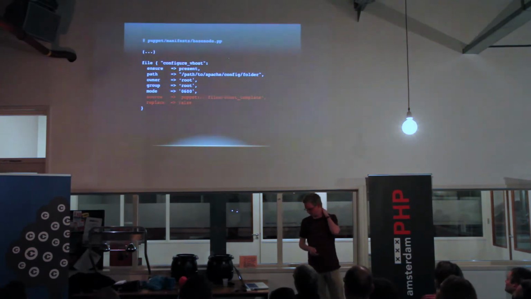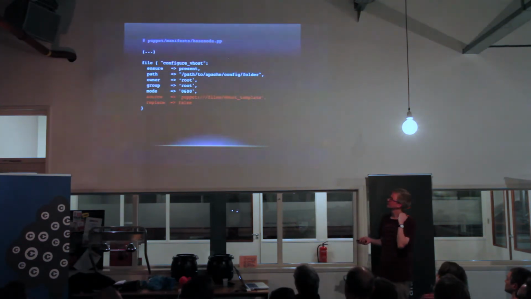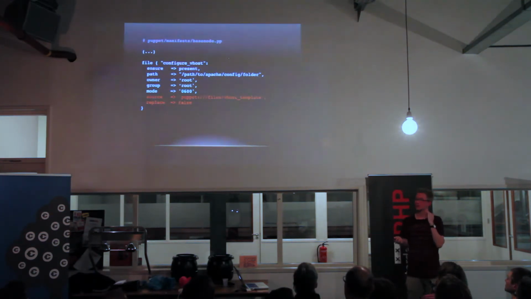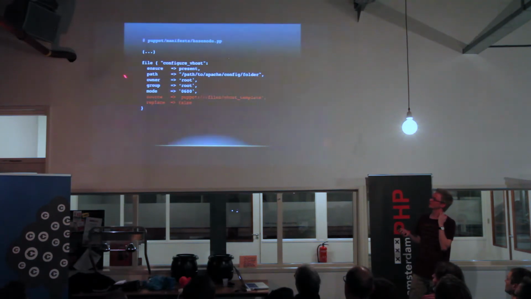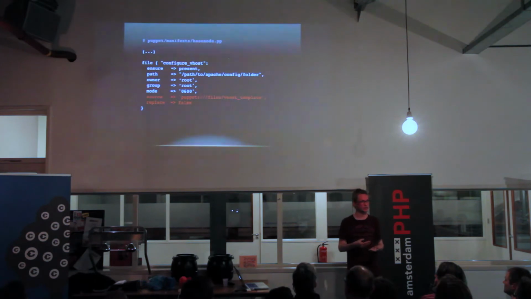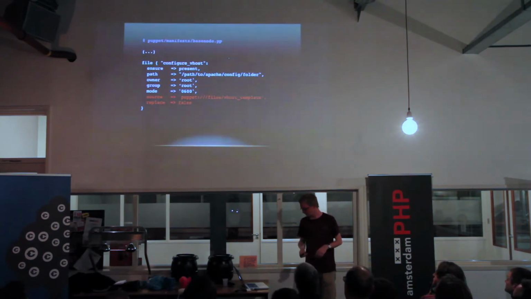And this gets me to the next point, dependencies between invocations. We only want this to run if Apache is already installed. If Apache has been installed first, because otherwise it wouldn't make sense, the directory wouldn't exist, and all kinds of stuff.